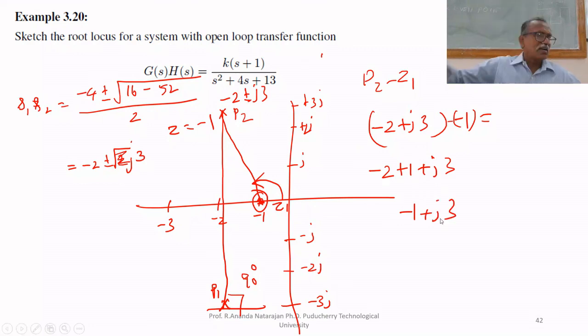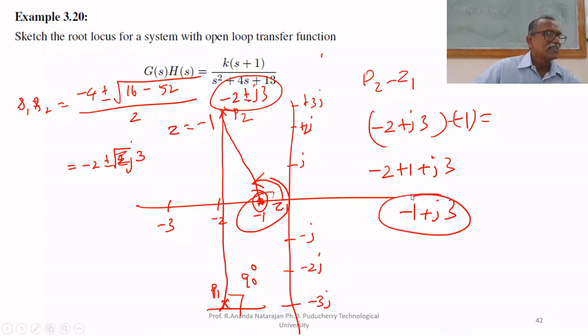What is the distance between these two points? This is minus 1, this is minus 2 plus j3. If you subtract, you get minus 1 plus j3. Am I correct or not?